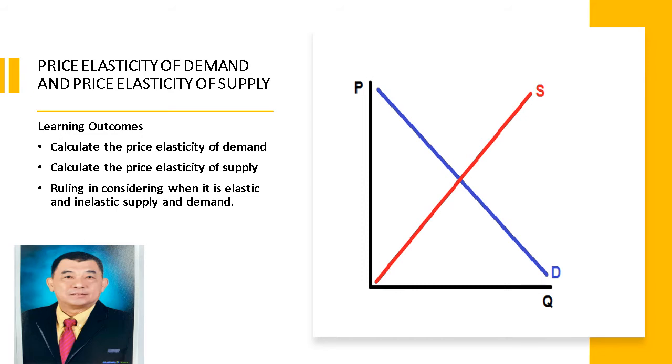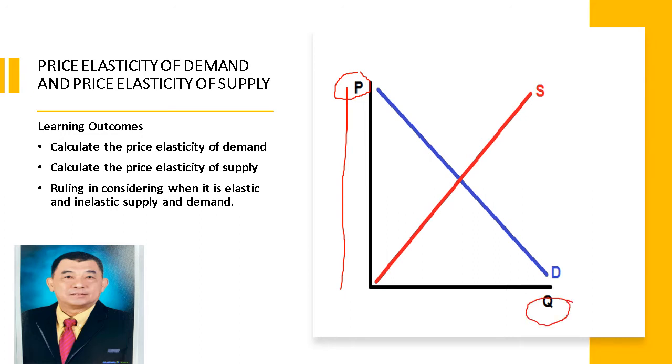provide a video link of all related videos pertaining to this topic, price elasticity of demand and price elasticity of supply. As you can see here in the graph, we have price on our y-axis, and on the x-axis we have quantity.